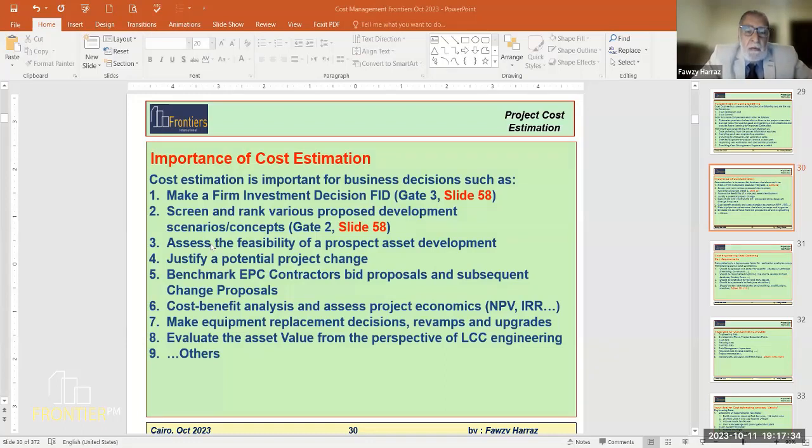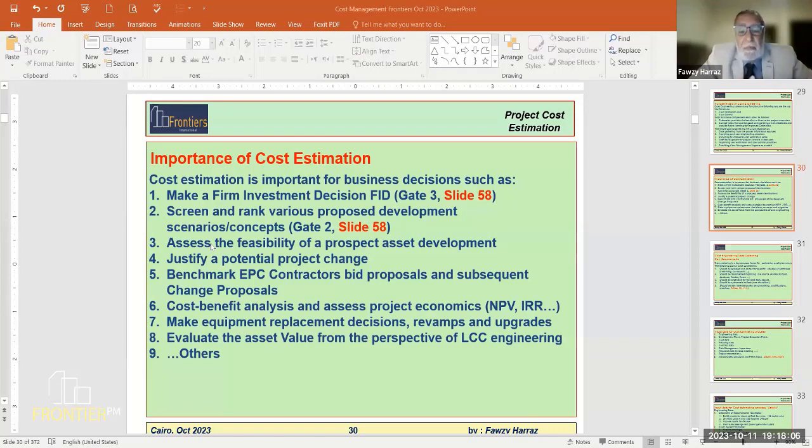For the company management, the importance of cost estimation is to make informed, information-based decisions on selecting between options, or deciding to go into a bid package, a new tender, or deciding to build a facility or to change the facilities.